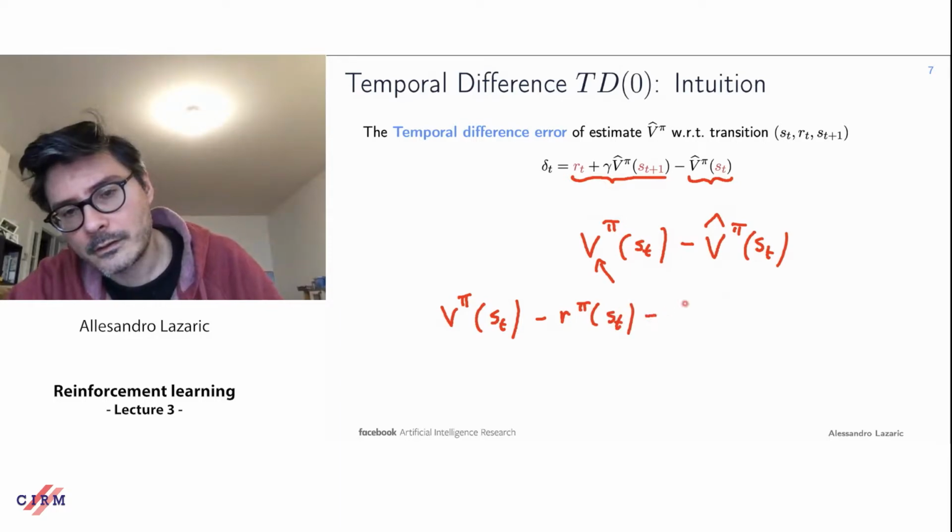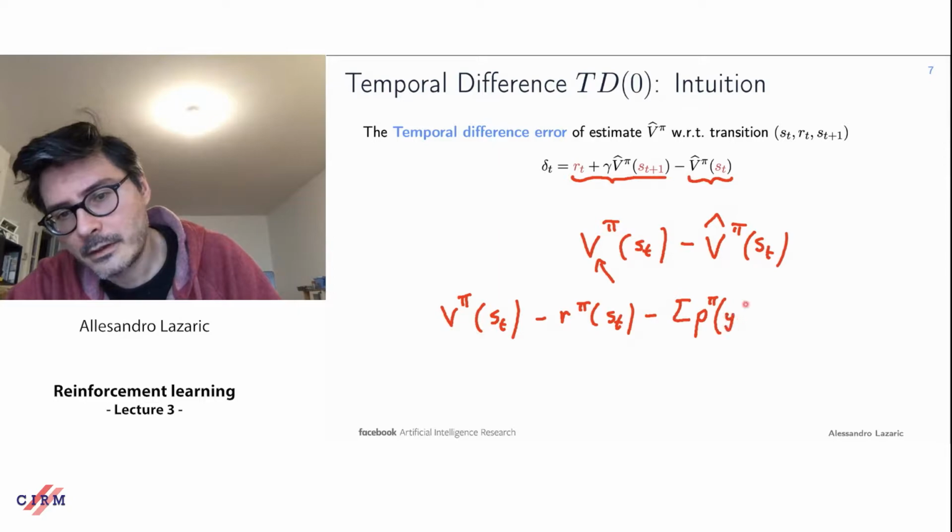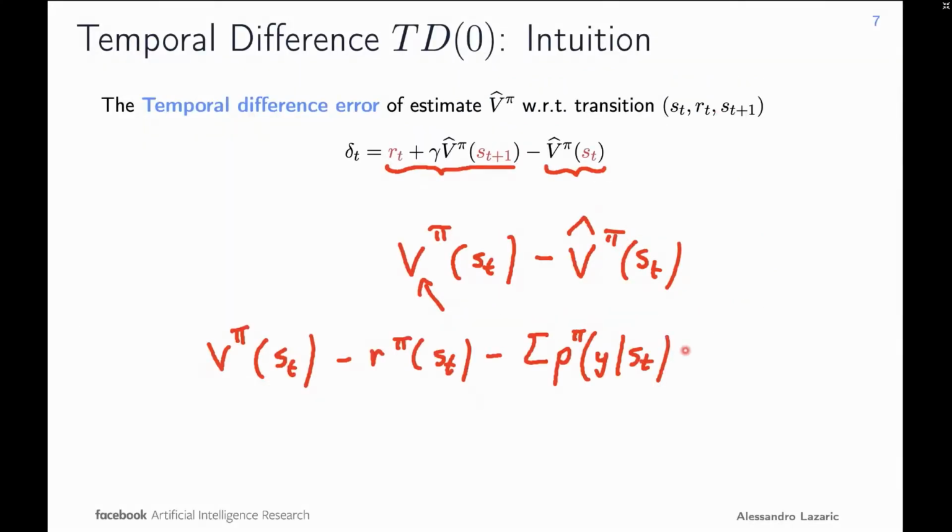I'm writing it as p pi given s of v pi equals 0, right? So I'm just taking the Bellman equation, moving the right-hand side to the left, and changing sign. So this is the Bellman equation. Once again, it means that a function v is the real value function if it satisfies this.